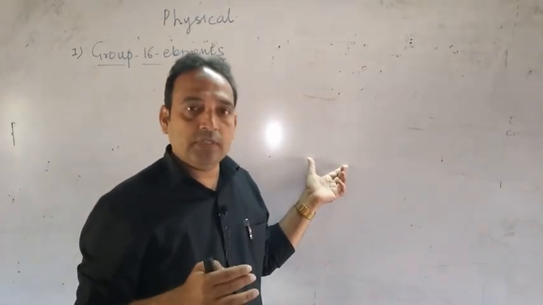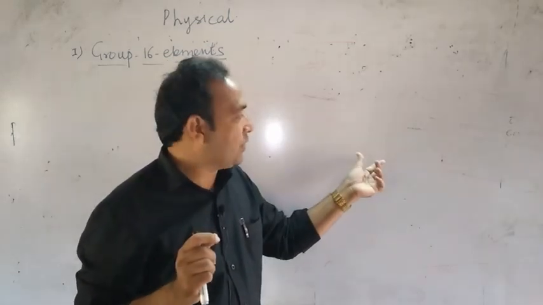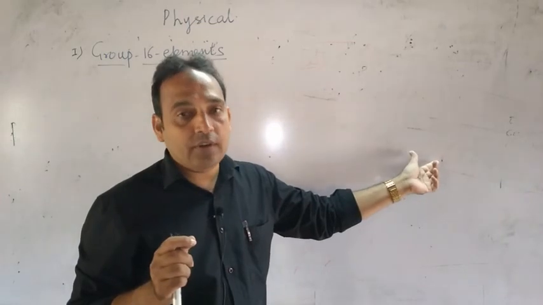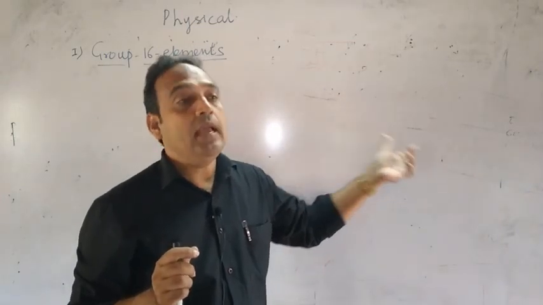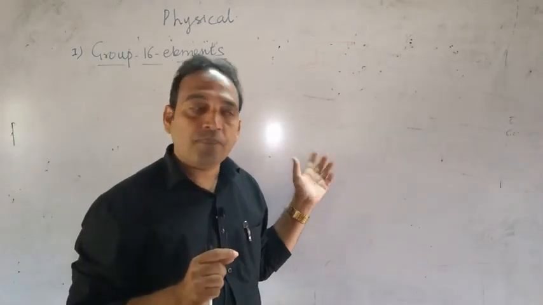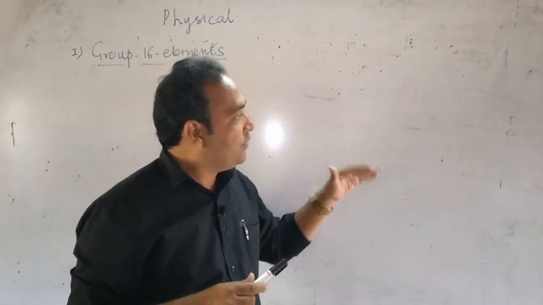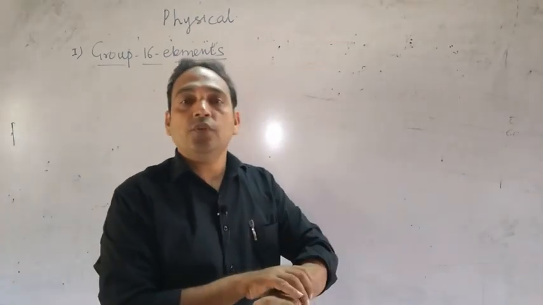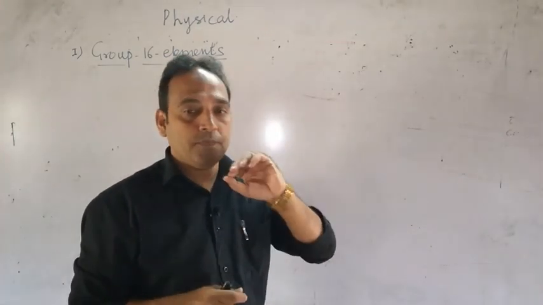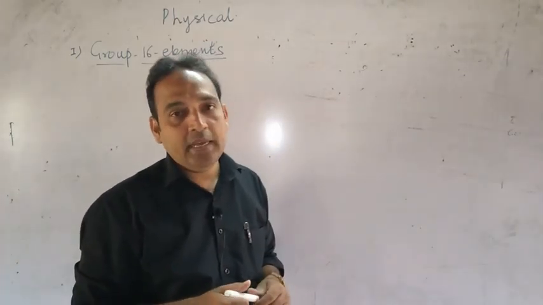Before oxygen the noble gas element is helium, so write helium, then its general electronic configuration, and find out which period oxygen belongs to. Oxygen belongs to period number 2. Likewise, we have written the condensed electronic configuration of the three groups: group 16, group 17 and group 18.